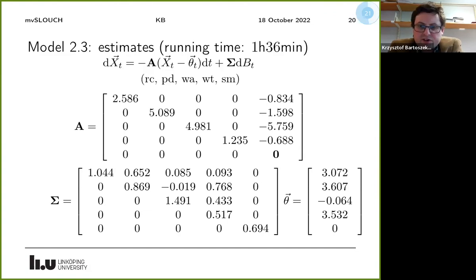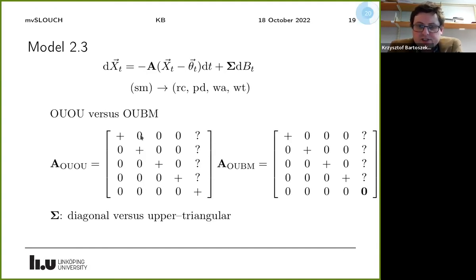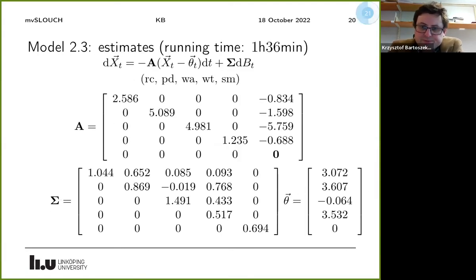In the first initial study that we ran, the best model was the one here, where seed mass influences everything, while seed mass itself follows a Brownian motion. By best we mean best according to the Akaike information criterion corrected for small sample size.